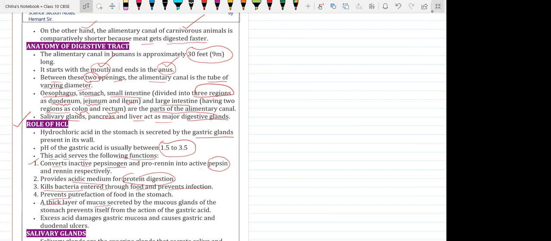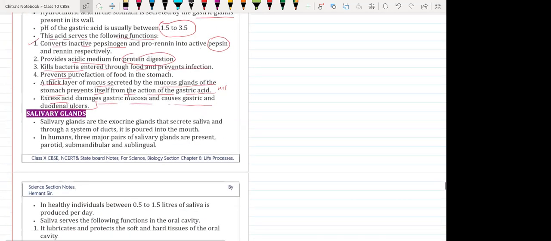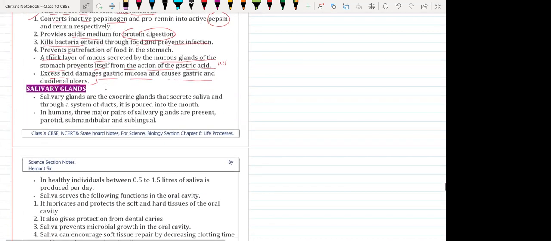The thick layer of mucus secreted by the mucus gland of the stomach protects the stomach itself from the action of gastric acid, meaning HCl. Excess acid damages the gastric mucosa and causes gastric and duodenal ulcers. So an internal wound may take place in the alimentary canal and may lead to internal bleeding and may cause fatal loss.